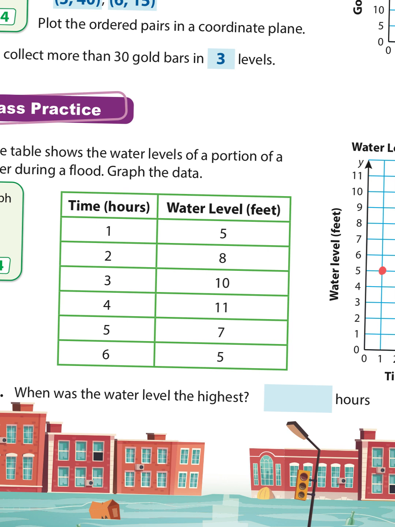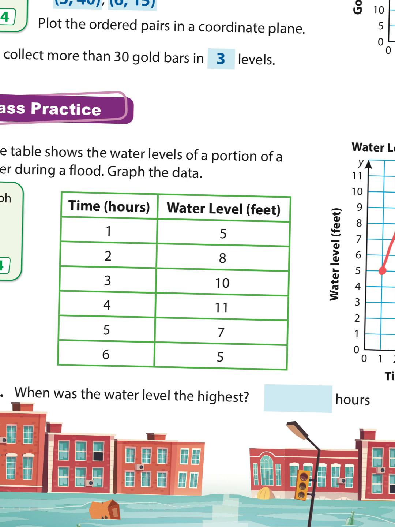Okay, so if I were to connect these points just to show the trend, you can kind of see that it was rising rapidly the first how many hours? 1, 2, 3, 4 hours. The first 4 hours, we had a ton of rain, okay? I don't think the river was ever at 0 feet. I'm assuming the river maybe started at 5, maybe a little bit below. We don't really know.